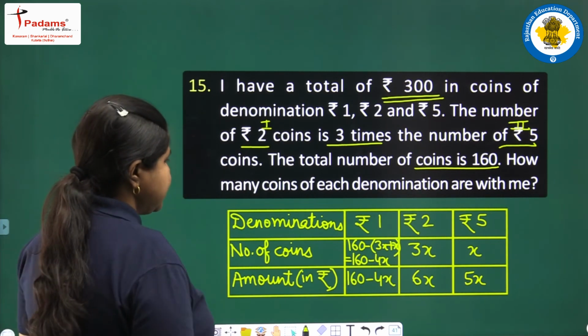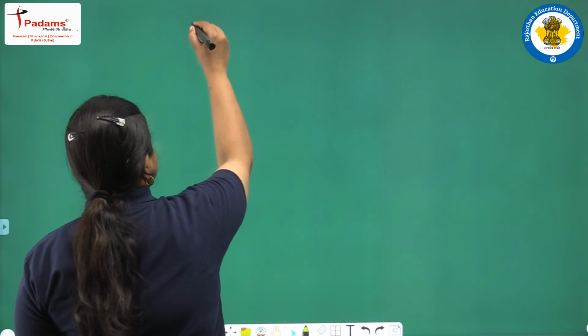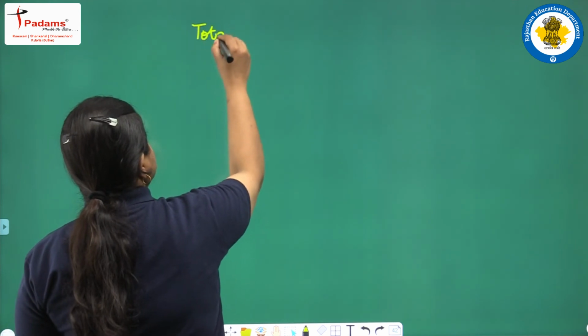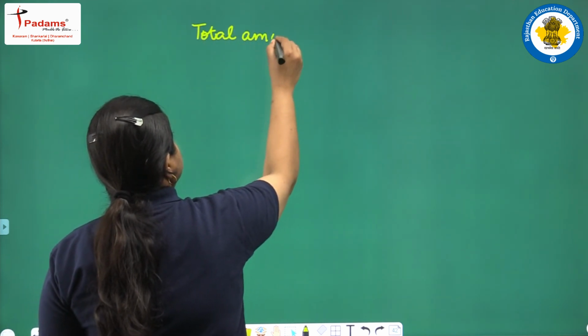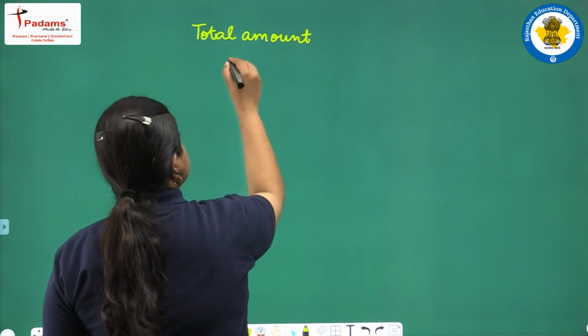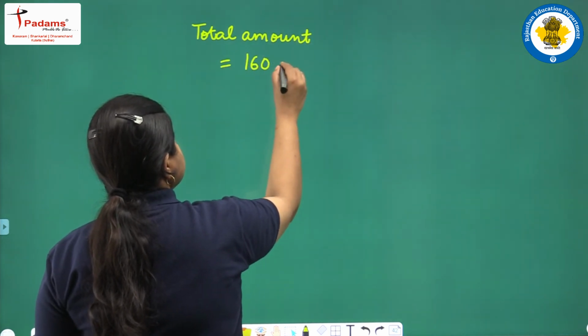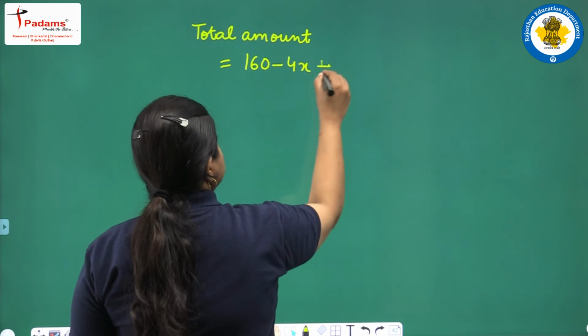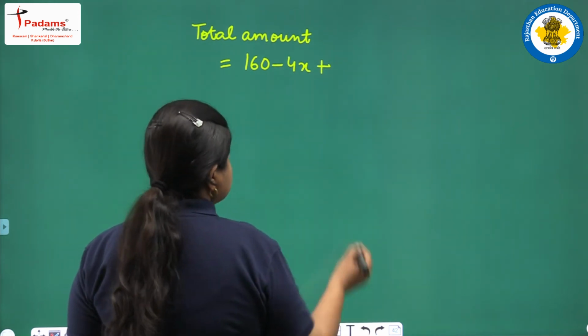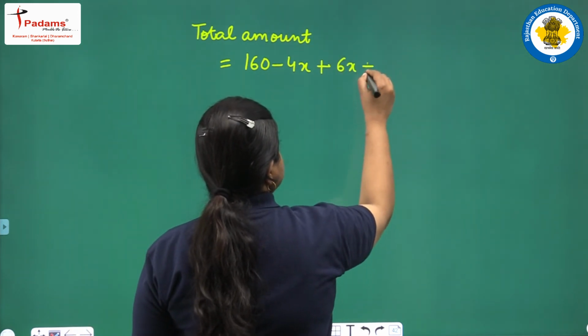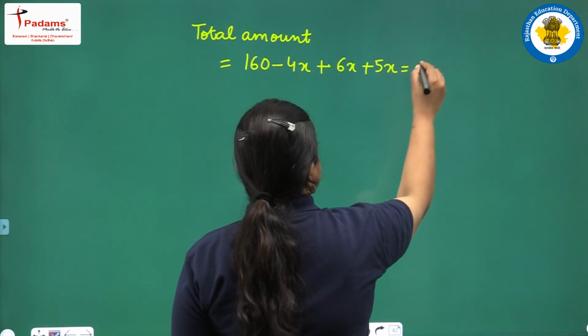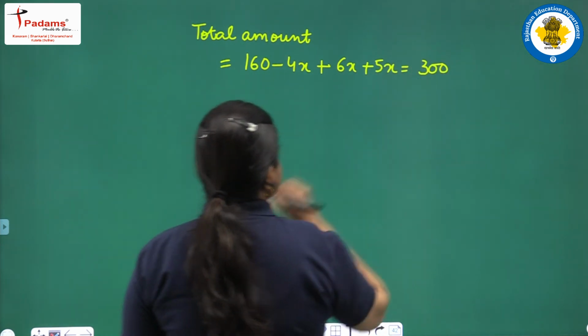So we can write it, total amount equal to 160 minus 4x plus 6x plus 5x equal to 300 rupees.